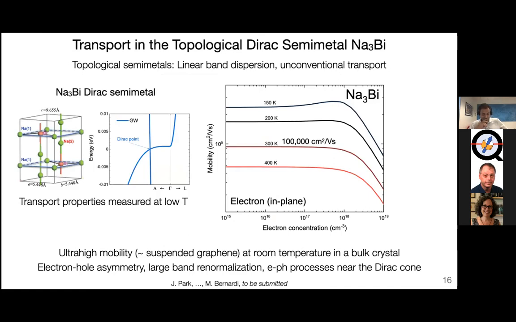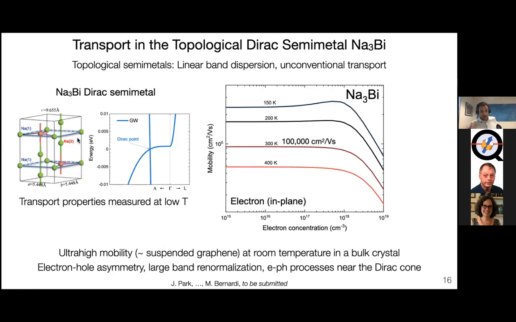So recently, we started investigating topological semimetals, in particular this system, sodium bismuthate, which is a Dirac semimetal. This material is sort of unstable in air, and so it has mainly been measured at low temperature.